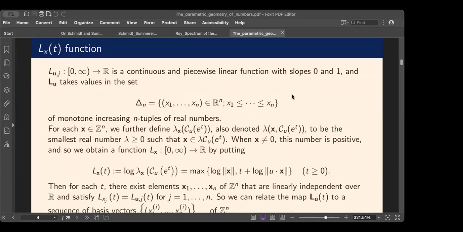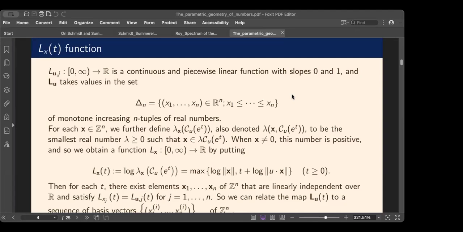To understand this L_u map more clearly, for each integer vector x in Z^n, we can define lambda_x. Lambda_x is the smallest number lambda such that x is contained in this convex body. For convenience, we also consider the log of the lambda_x function, which is L_x(t) here.